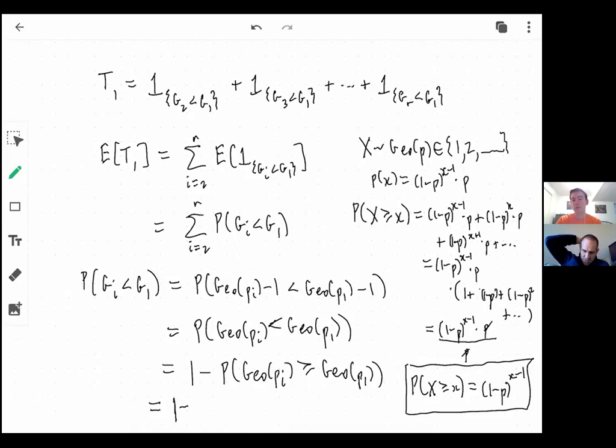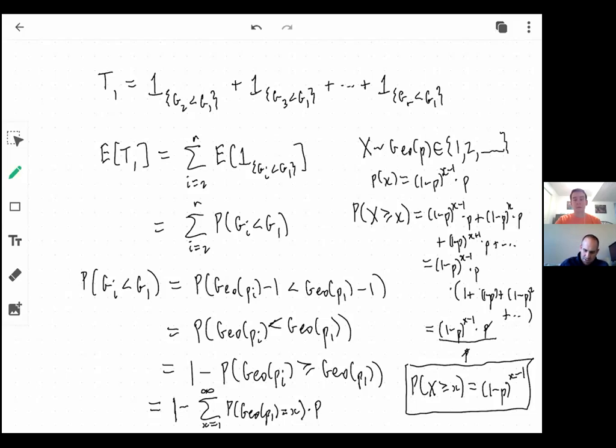So it's going to be the sum, x going from 1 to infinity, and it's going to be the probability that GOP1 is equal to x, times the probability that GOPI is equal to or greater than x, given that GOP1 is equal to x.